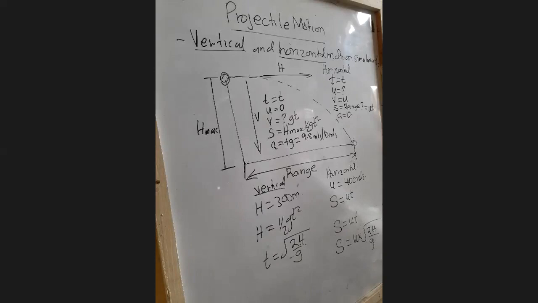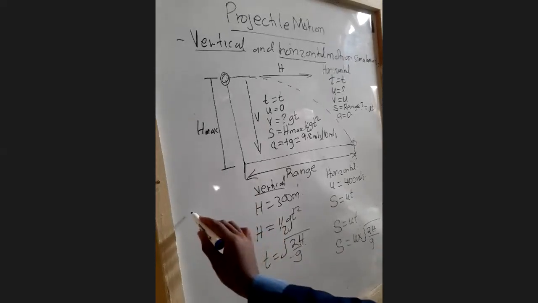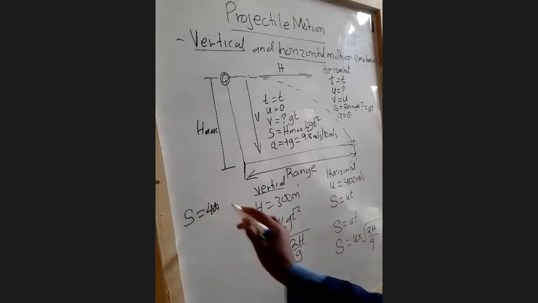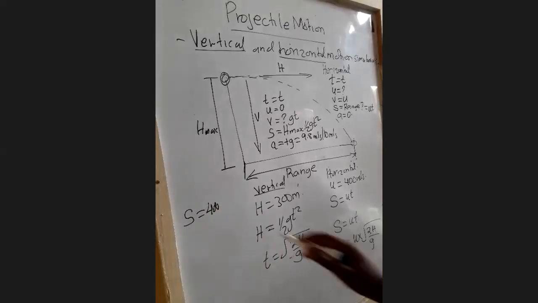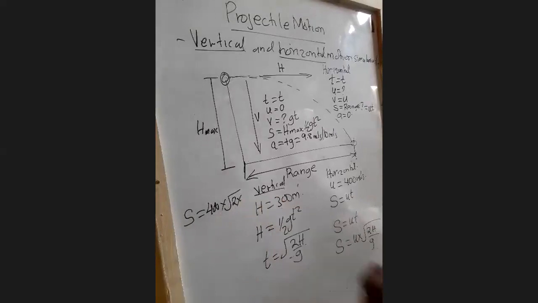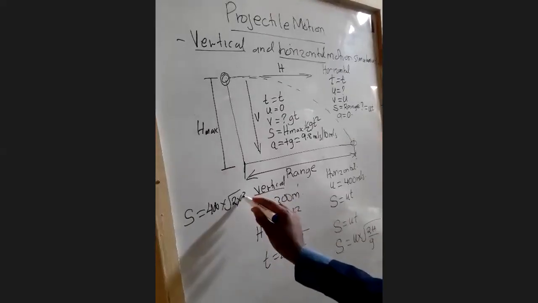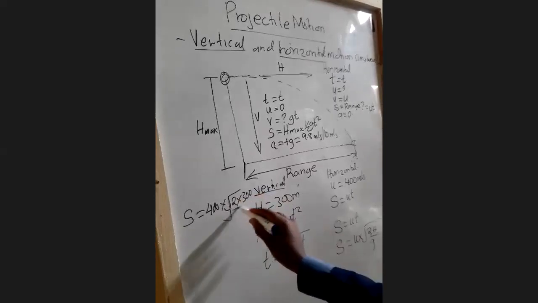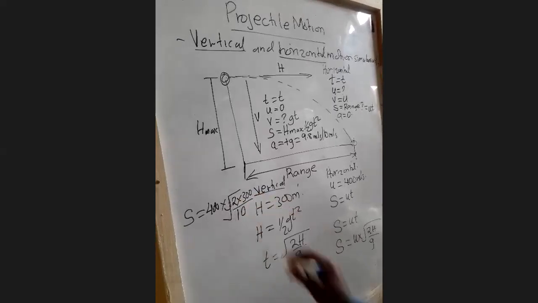Substituting the formula, S, which is the range, is equal to the initial velocity, which is 400 meters per second, times the square root of 2 times the height, which is 300, divided by G, which here we use as 10.